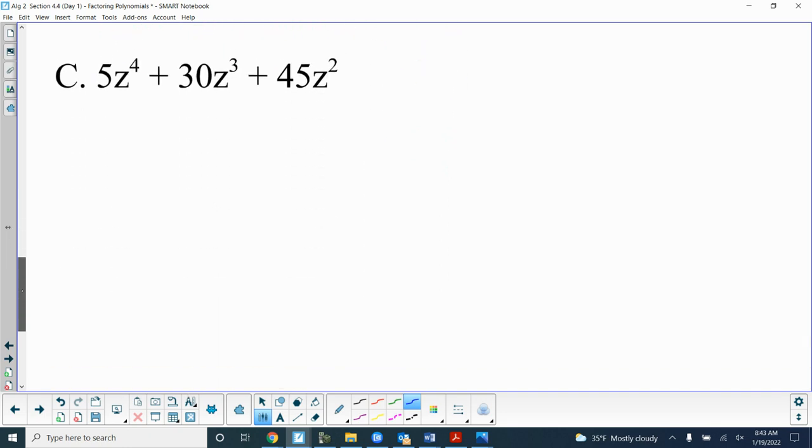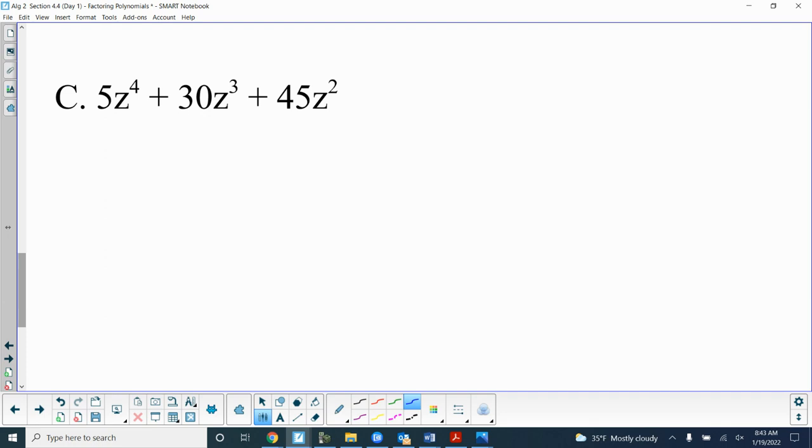Number 3, example C. Is there a GCF? 5z to the second. Right. 5z. All right, so what's 5z to the 4th divided by 5z to the 2nd? Z to the 2nd. Good.